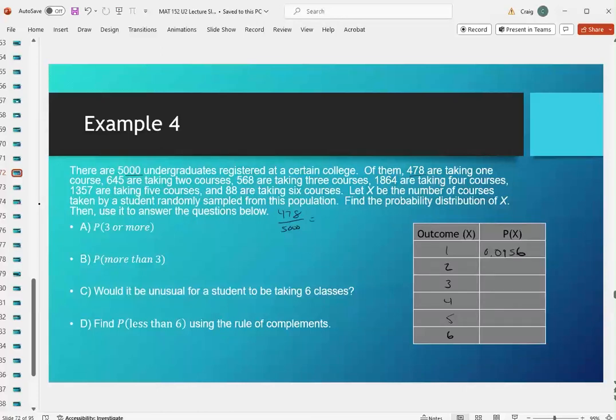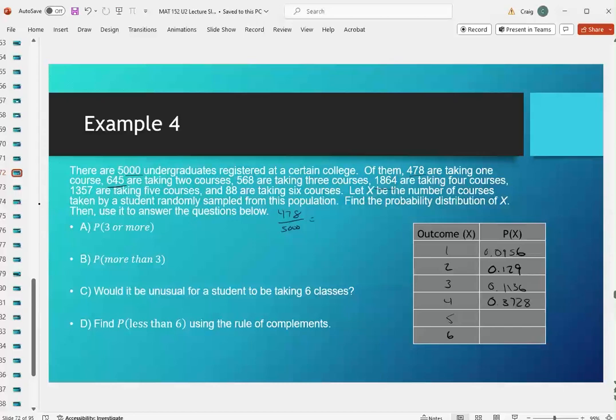And then we can do the same thing for the next ones. 645 divided by 5,000 is 0.129. 568 divided by 5,000 is 0.1136. 1864 divided by 5,000 is 0.3728.